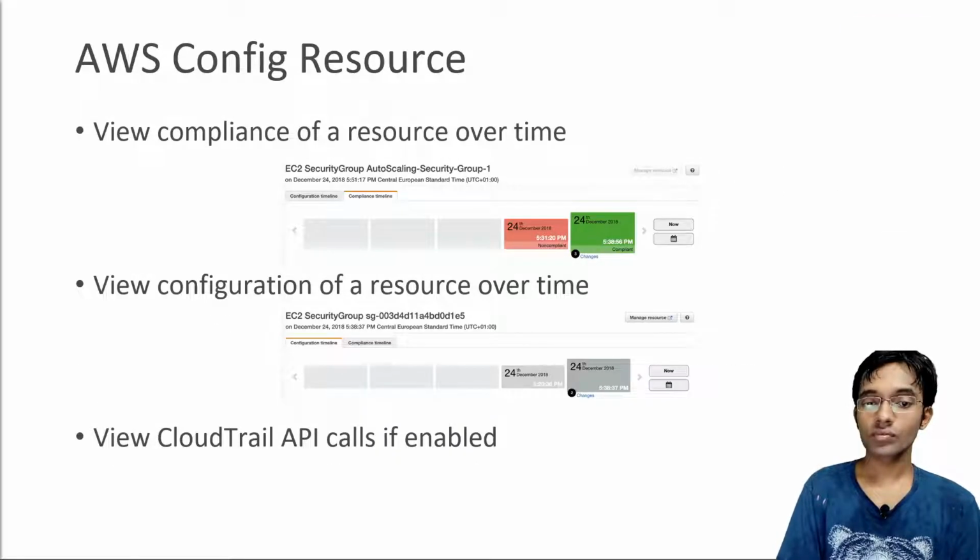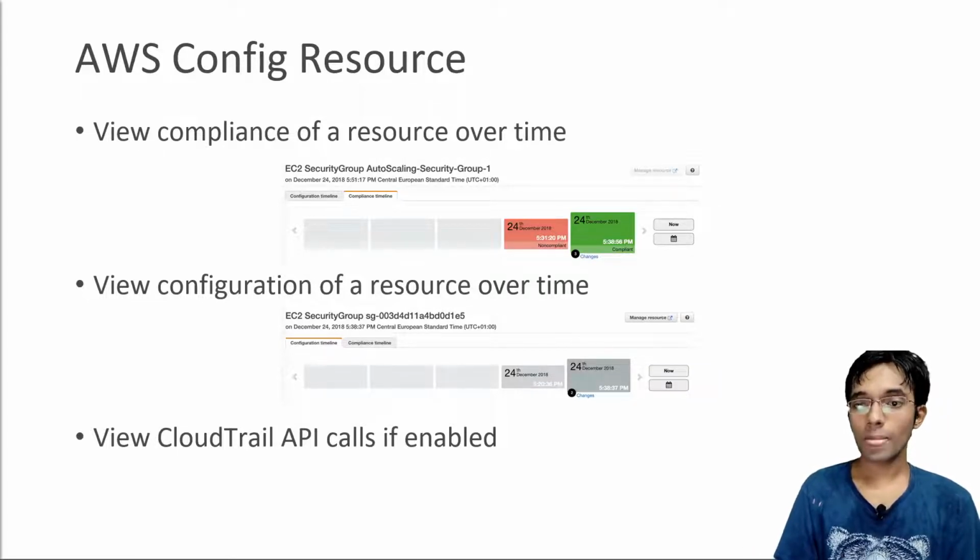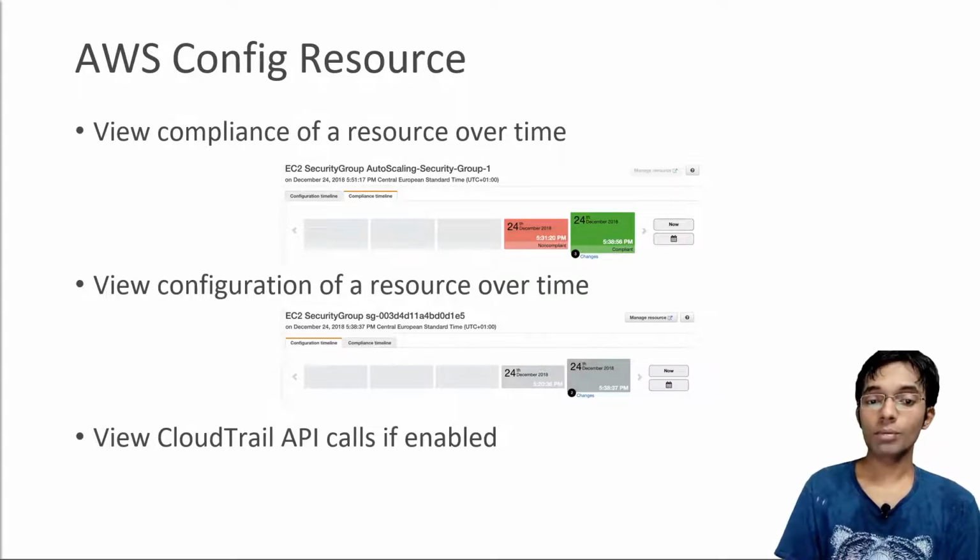Now, with Config resources, you can view the compliance of a resource over time. If some rules apply to the resource, then you can see it's red when it's not compliant, and as soon as you fix it, it becomes green and compliant.